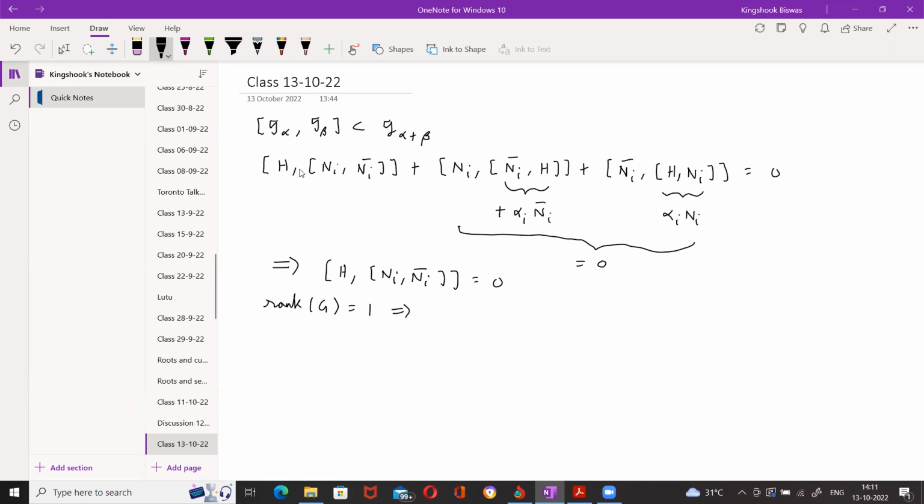So this implies that the bracket of ni and ni bar belongs to the centralizer of H, which is equal to just RH itself. So therefore, this proves that this script H is a subalgebra.